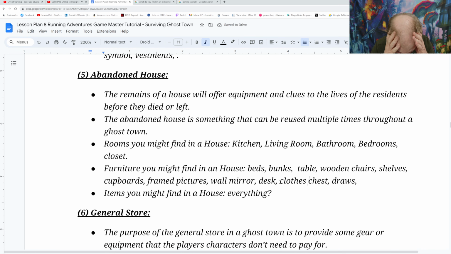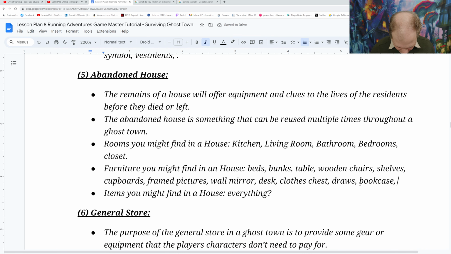Was you in the closet? Okay. All right. A bookcase. Yes, let's put a bookcase in there as well. Absolutely. Bookcase.